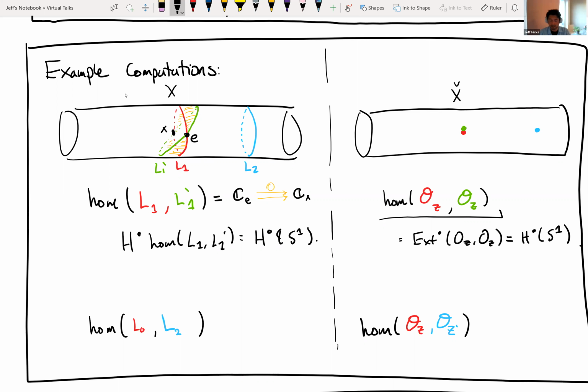I guess the second example to look at is when you've disjoined these guys from each other. This is a little bit easier. So if L0 and L1 are disjoint from each other, then the Lagrangian intersection homology of these two guys is 0. And if these sheaves are disjoint from each other, they have disjoint support, then the sheaf homology between them is also 0.